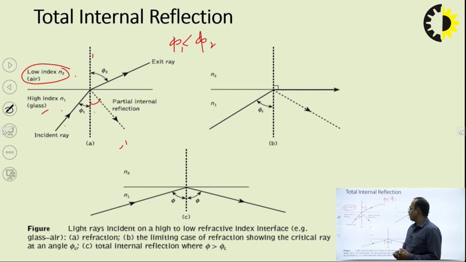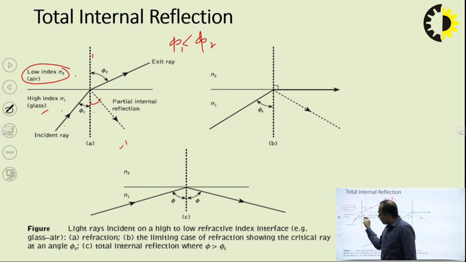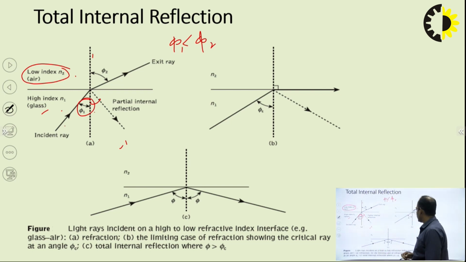If I am moving from medium 1 to medium 2, and the incident angle phi 1 is less than the critical angle, this is case 1. If phi 1 is equal to phi c, what is phi c? Phi c is the critical angle.